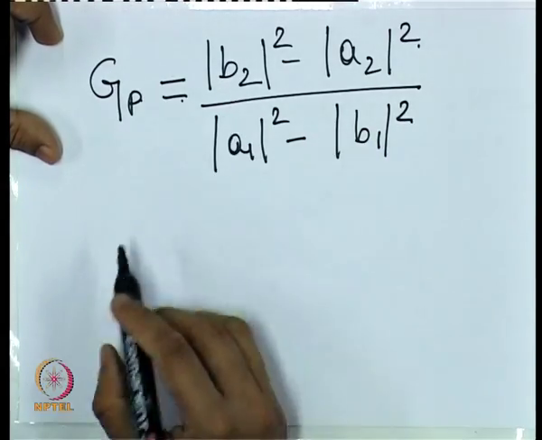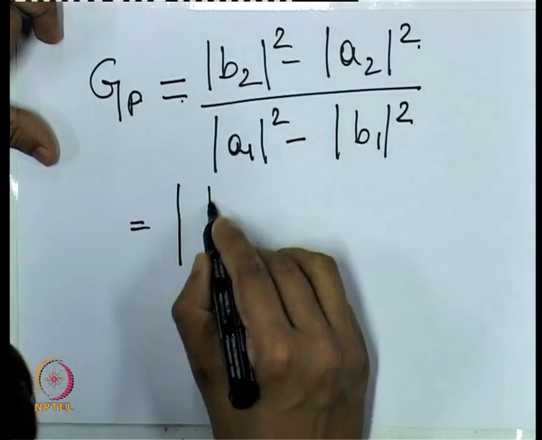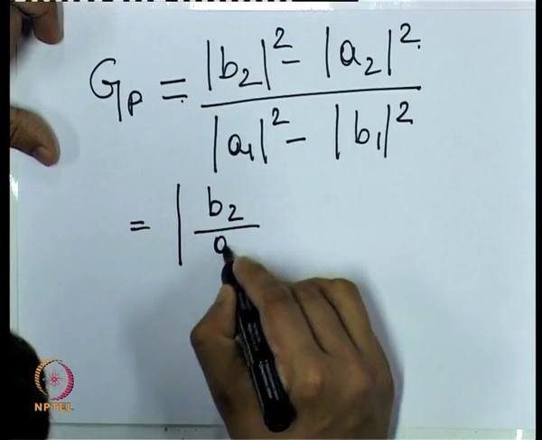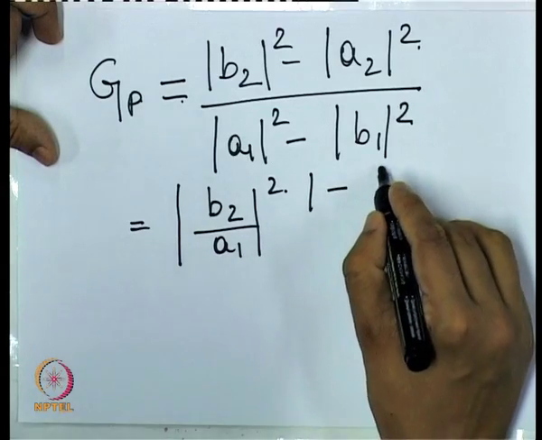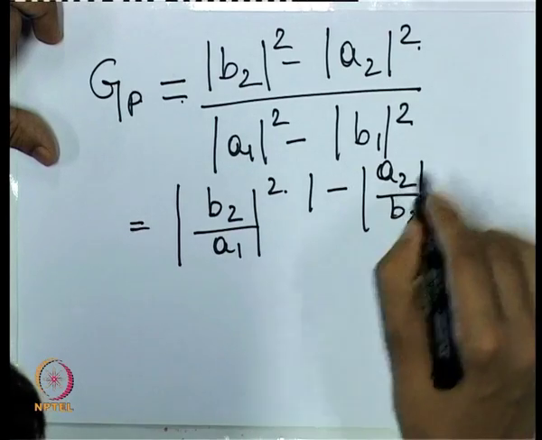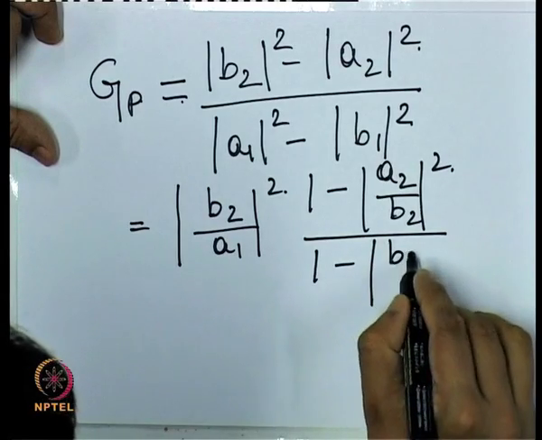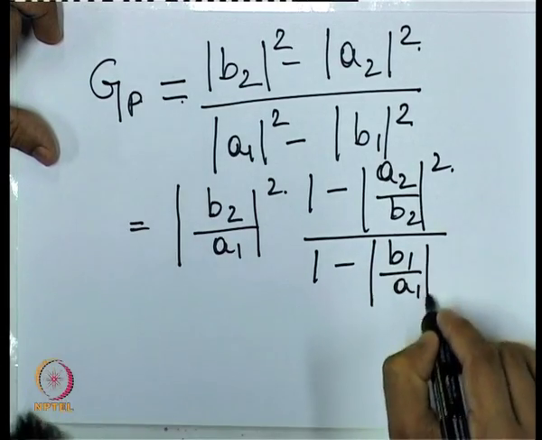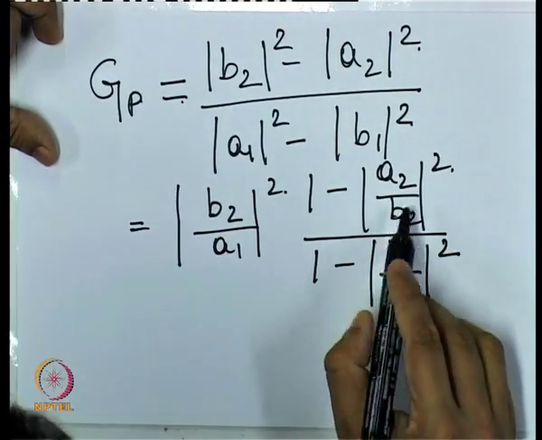If I take B2 common here and A1 common here, then this becomes... now what is this A2 upon B2?